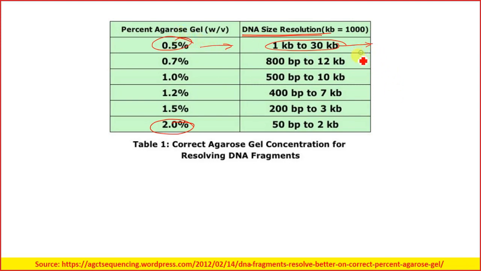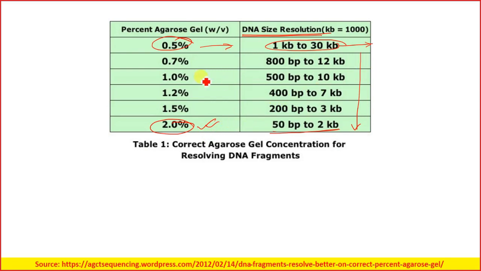However, if you go for the lower range, 50 base pairs to 2 kilobase pairs, then we use a higher percentage of agarose gel.